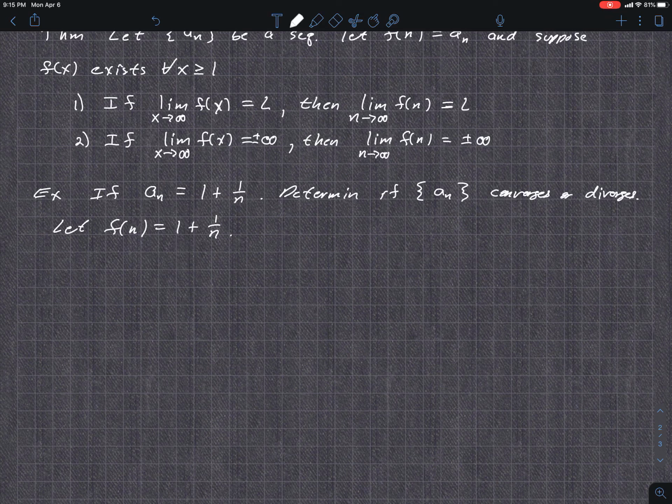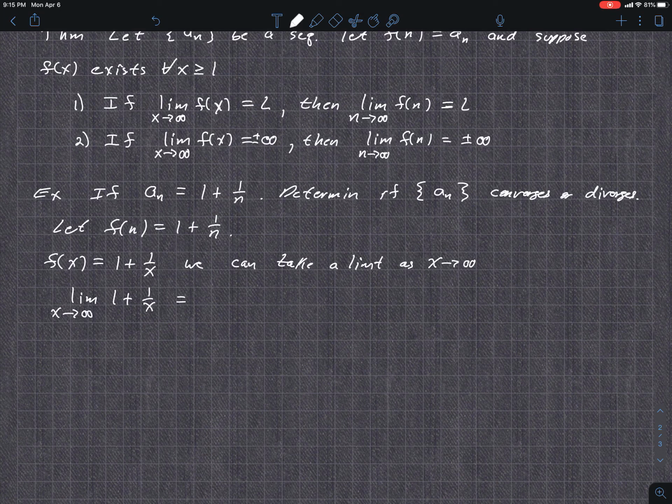So we can let f of n equal 1 plus 1 over n, and for f of x equal to 1 plus 1 over x, we can take the limit as x approaches infinity.